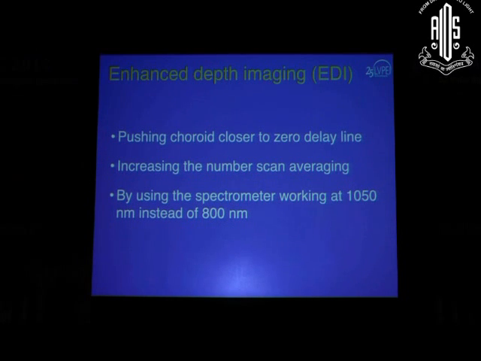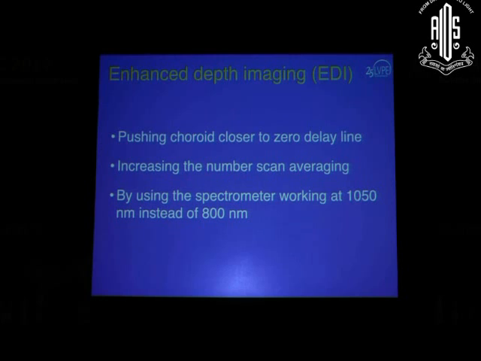Anyone who has done an OCT knows that when you are focusing an OCT, you get two images. Once you focus, an inverted image comes if you push further beyond. That means the sensitivity of an OCT at different layers depends on where you focus.